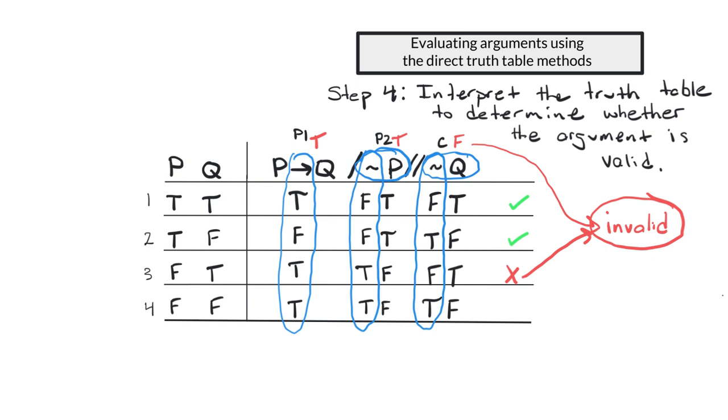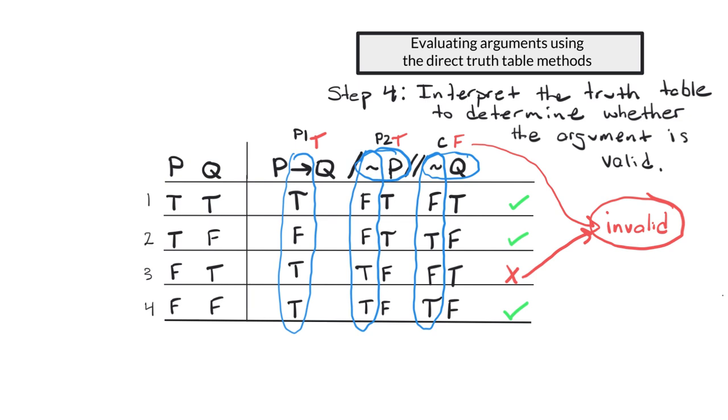So let's just finish this up. In row 4, we have a true premise 1, premise 2 is true, and the conclusion is true. So that checks, but it really doesn't matter, since all we need is one possible combination of truth values that shows it's possible for this argument form to have all true premises and a false conclusion.